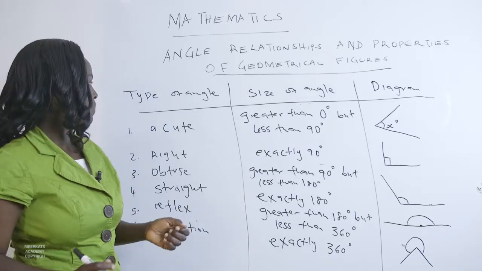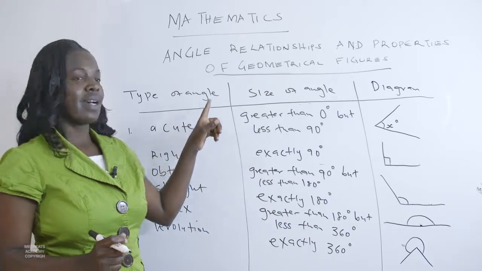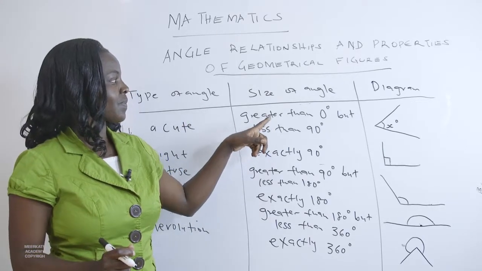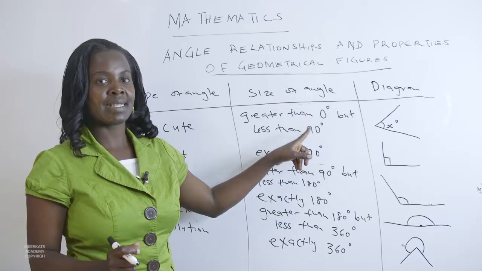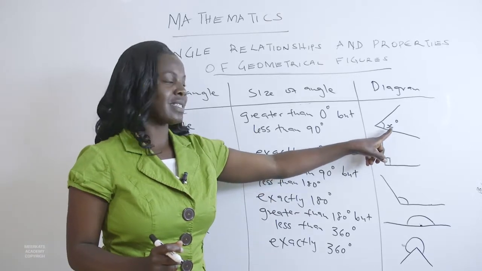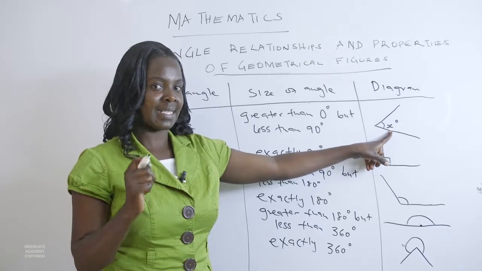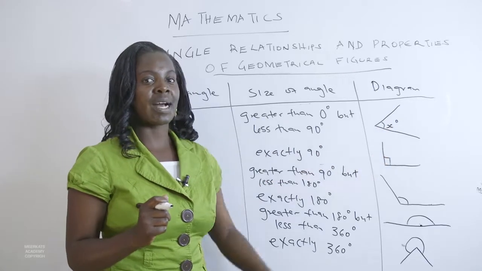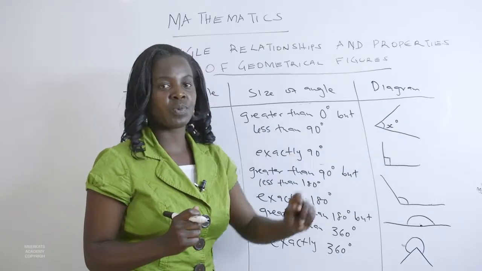We have an acute angle, and this is an angle measuring more than 0 degrees but less than 90 degrees. So if we have an angle that is more than 0 degrees but less than 90, that angle is called an acute angle. And it can be drawn this way.